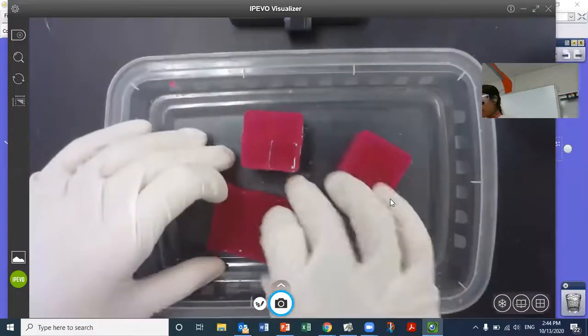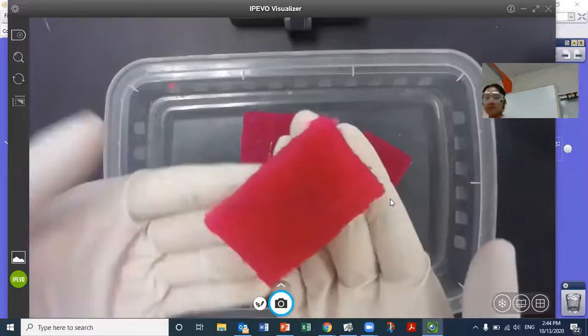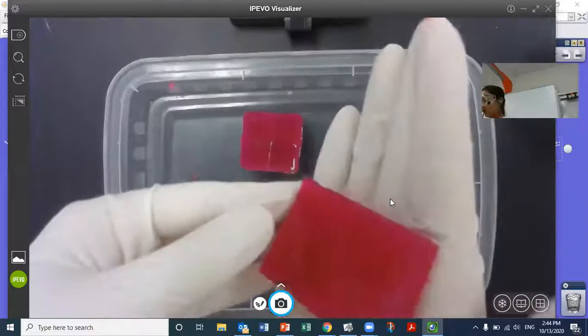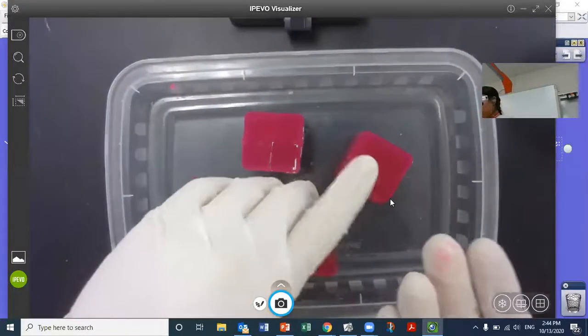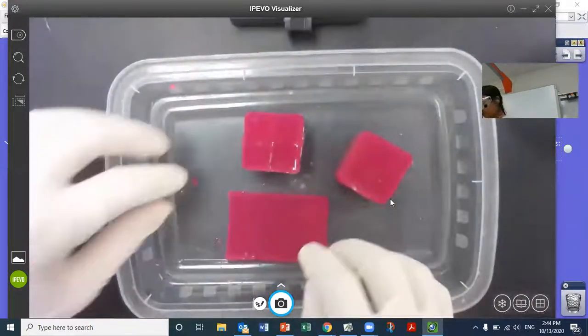And then we have a rectangular prism shape that is a different shape, but as closely similar in volume to the other one as possible. Notice this agar is quite crumbly and it actually will dye your clothes if it gets onto it.